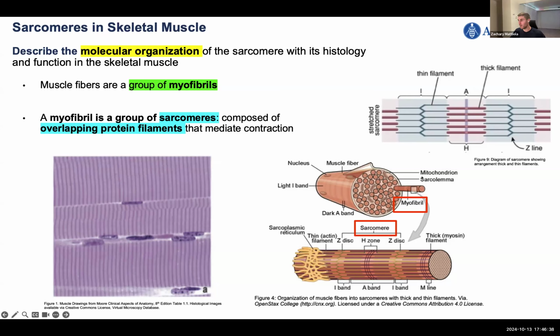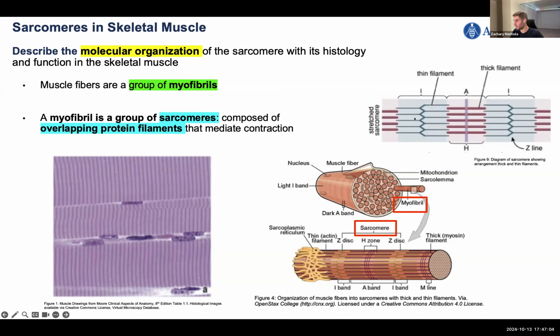These myofibrils are also long tubes, but they're composed of these fundamental units called sarcomeres. And these myofibrils are basically just one sarcomere lined up after another. The way they're arranged gives the muscle cell these nice striations that you see under a microscope.